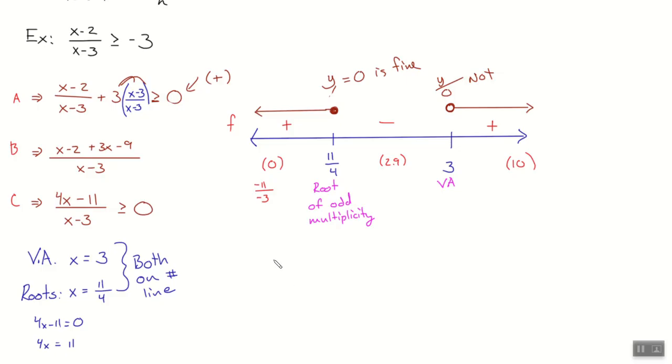Okay. What I really need, though, is to write my answer. My solutions for this inequality are going to be all the x such that, do we want to use interval notation or do we want to use inequality stuff? Okay, so this first one, x is always less than or equal to 11/4.